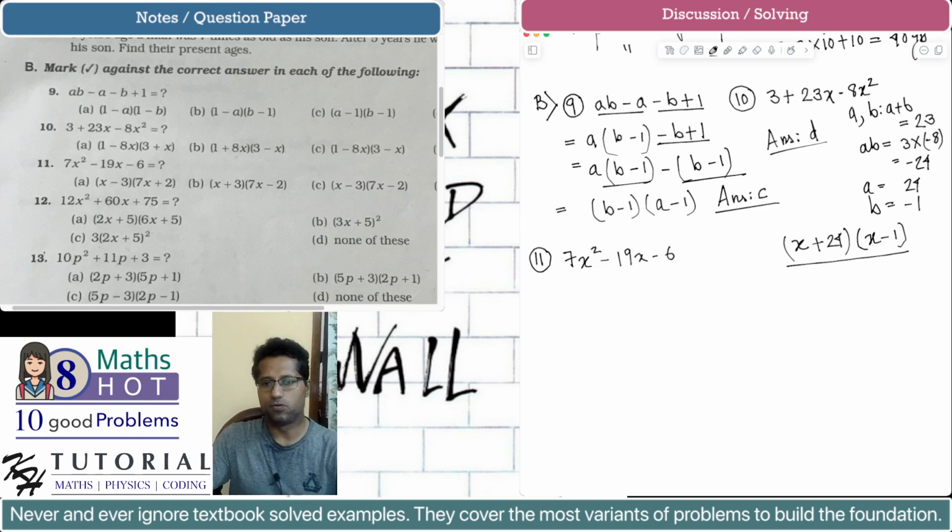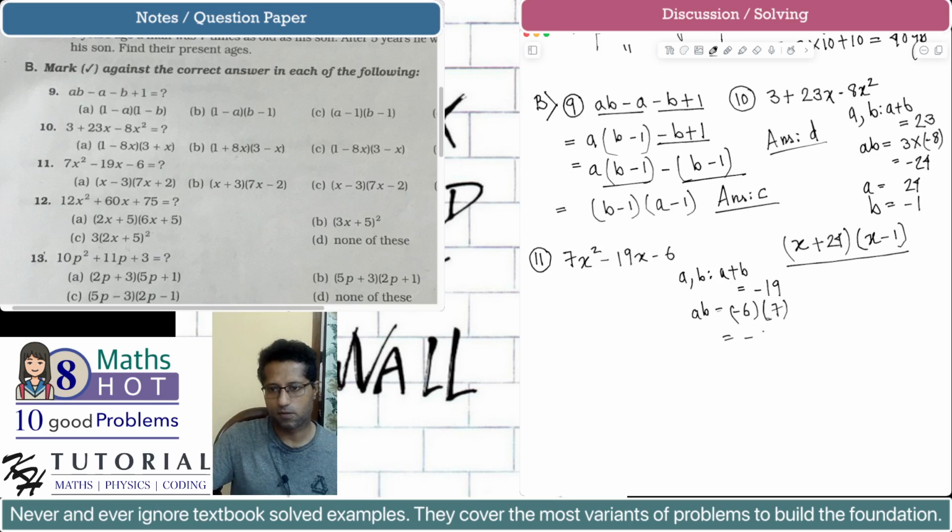So clearly we have to find the numbers A and B such that A plus B is equal to the coefficient of x, that is minus 19, and A multiplied by B will be equal to the constant term multiplied by the coefficient of x square, that is 7, which is equal to minus 42.